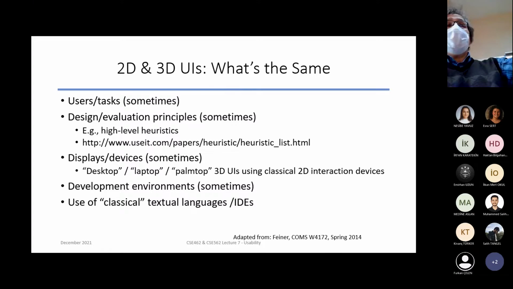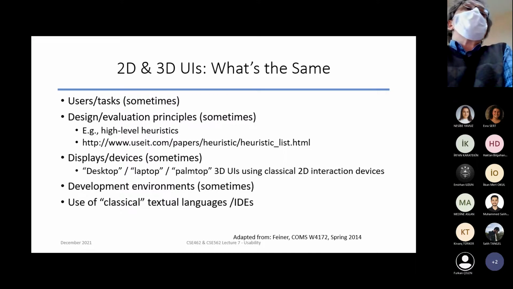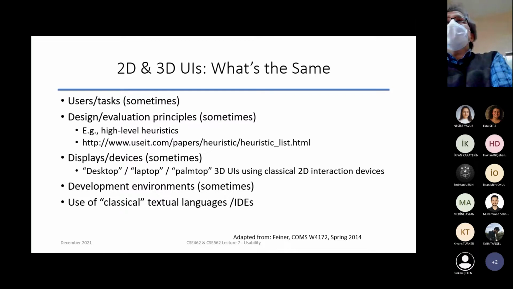A palm top is a small enough device that you can carry around. It has some of the capabilities of the computing device that you have, but it doesn't have a phone connection, for example. And it perhaps doesn't have internet either. This is early 2000s, when you don't have common access to 3G or even Wi-Fi.